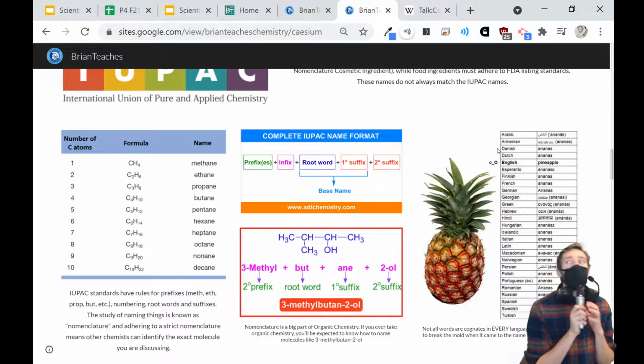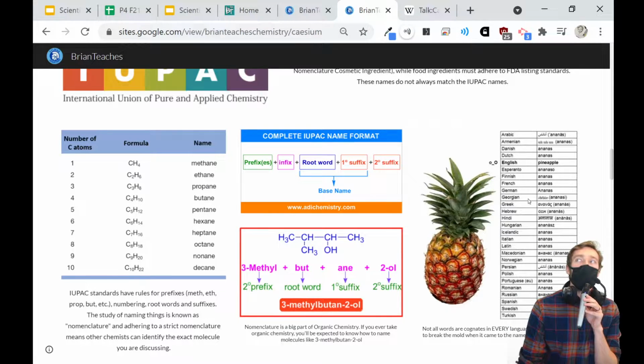Not every cognate works out well in every language. Here's one that's kind of ironic for us, for English. Almost everywhere else in every other language, this tropical fruit right here, what do we call this? A pineapple. Only in English. In Arabic, it's ananas. In Armenian, it's ananas. In Danish, it's ananas. In Dutch, it's ananas.